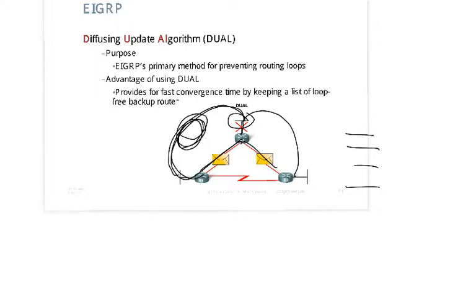And the main advantage of the DUAL algorithm over the other mechanisms that we have studied so far for mitigating loops is the very fast convergence time. Because we maintain multiple loop-free routes, if there is any network change, we grab another loop-free route and put it in the routing table in no time, in which case we reach convergence very fast.